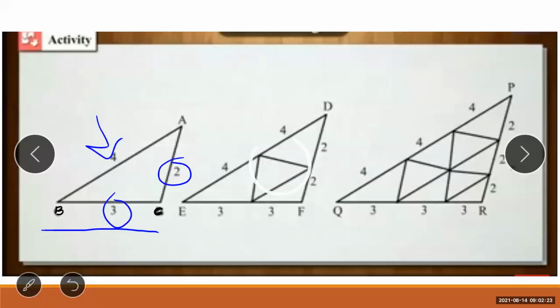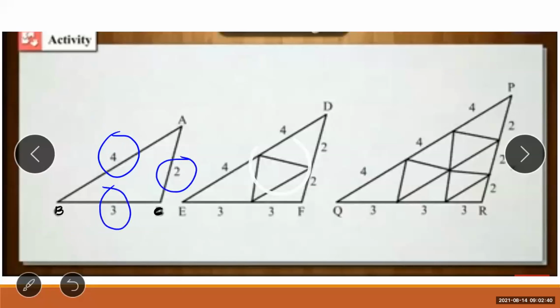Now cut out 13 more copies of the same shape with the same measurement from the card sheet. How many copies do you have to have? 13 more copies of the same triangle, same shape and same measurement.